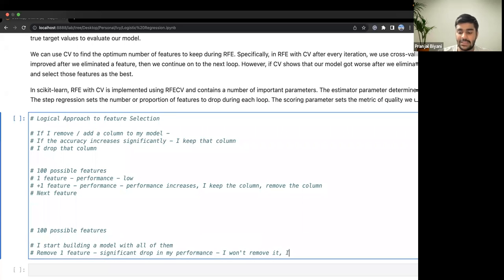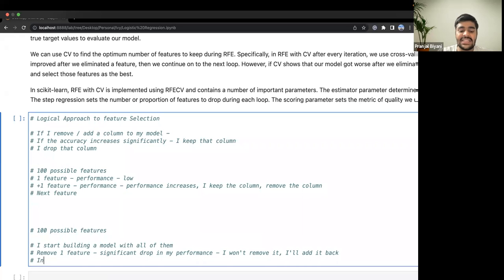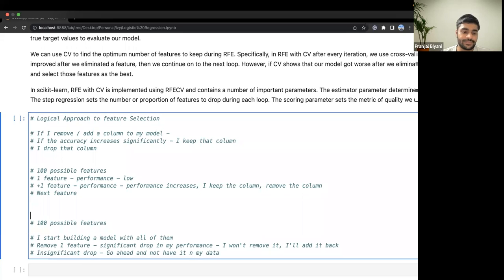I'll add it back basically. Right? But if I see an insignificant drop in my performance, then I'll just go ahead and not have it in my data. Clear है सबको?